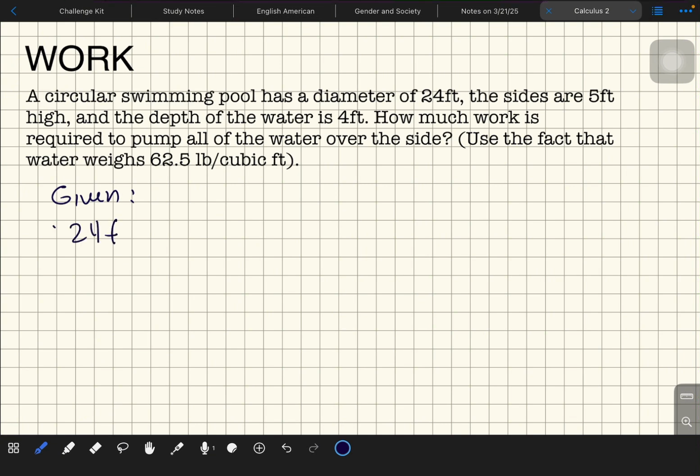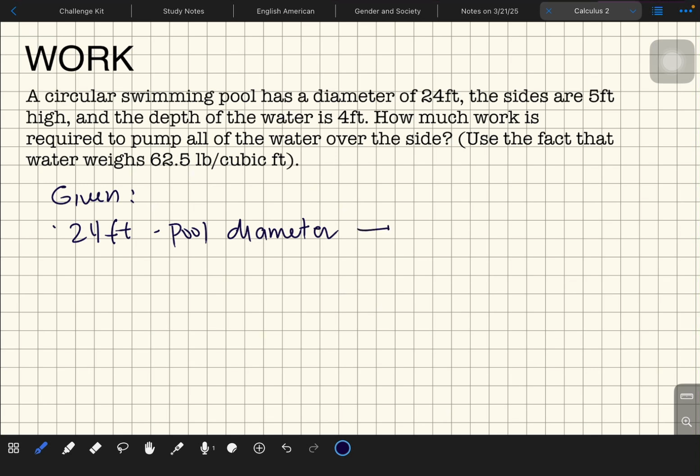Given: 24 feet is the pool diameter. And then, we need to find the radius of the pool. So therefore, what is the formula of the radius?